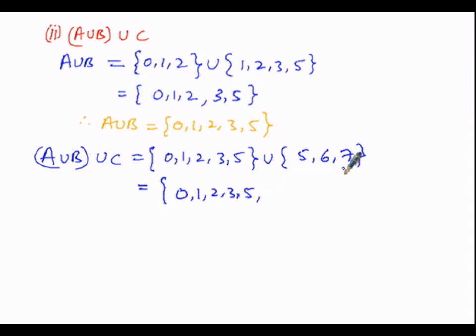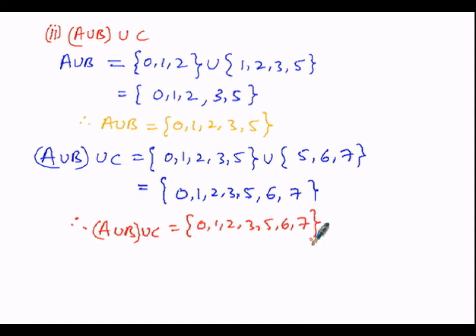The elements should not be repeated. 5 is repeated, so it should not be included, and 6 and 7 are not there, so we can write 6 and 7. Therefore 0, 1, 2, 3, 5, 6 and 7 are the elements of (A union B) union C.